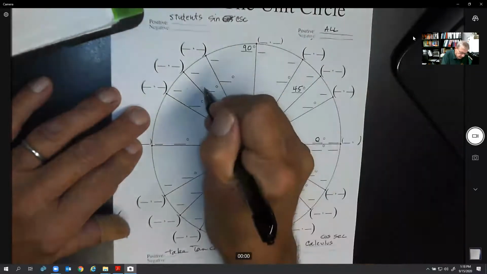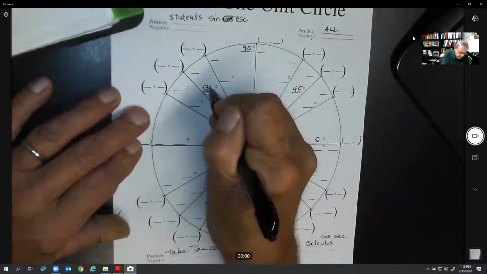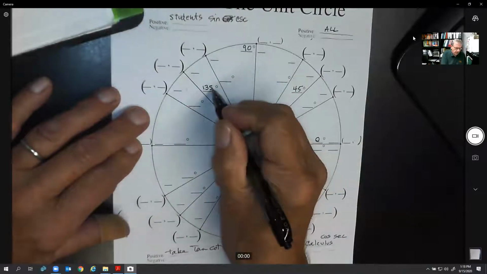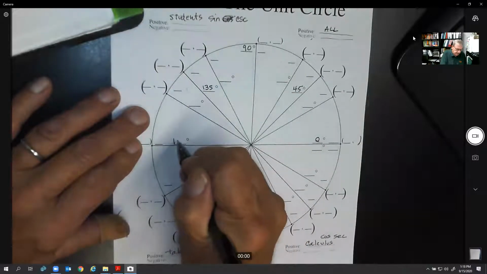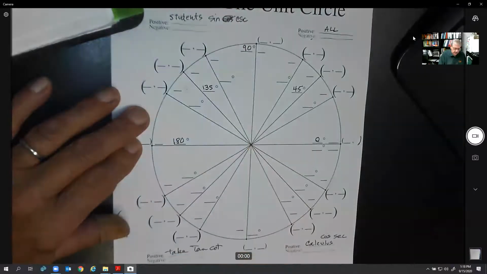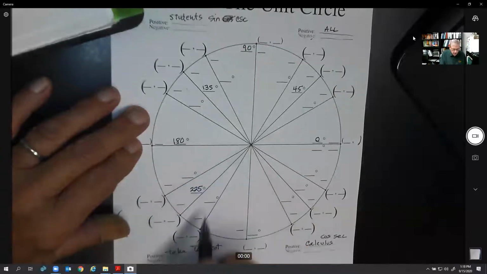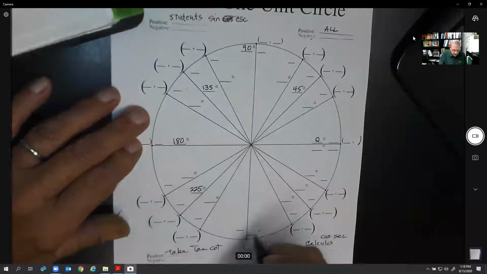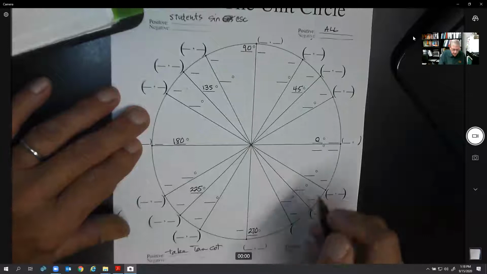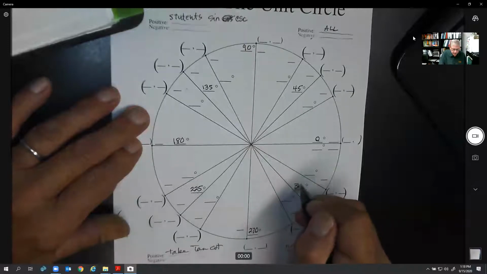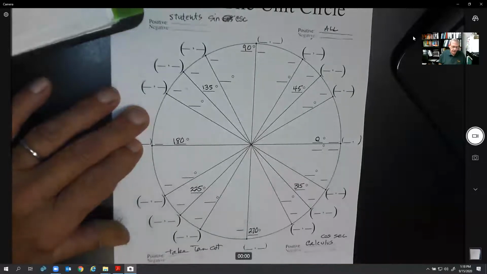And you can use your calculator if you need to. 135 plus 45 is 180, half a circle. 180 plus 45 is 225. 225 plus 45 is 270. 270 plus 45 is 315. Got those filled in.